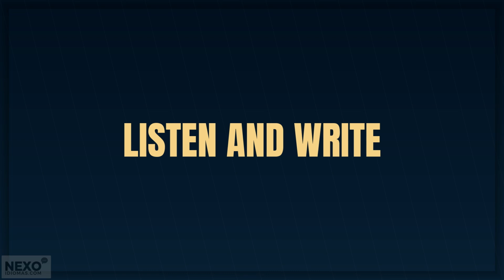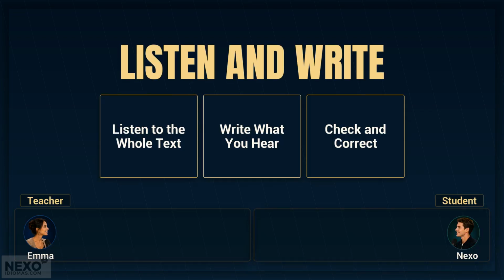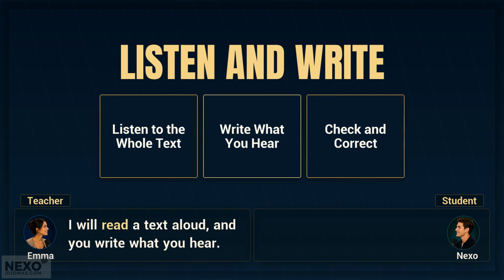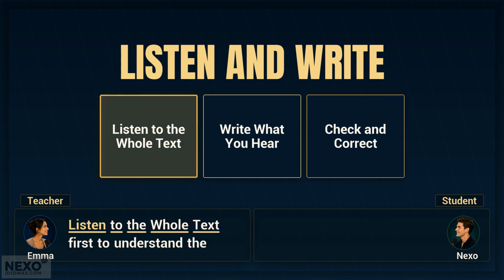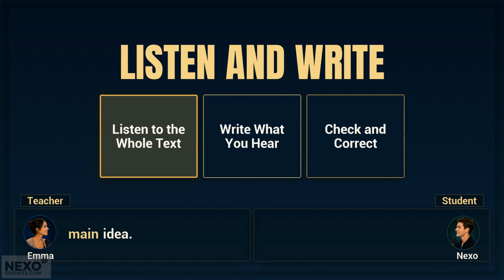Listen and write. This is a dictation activity. I will read a text aloud, and you write what you hear. Okay, I will listen carefully. Listen to the whole text first to understand the main idea.